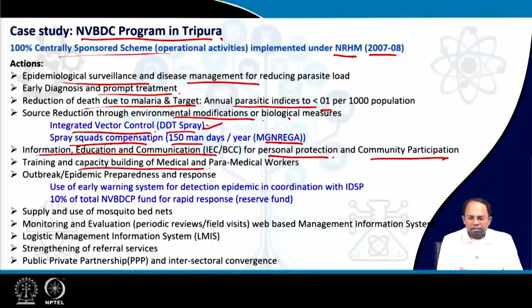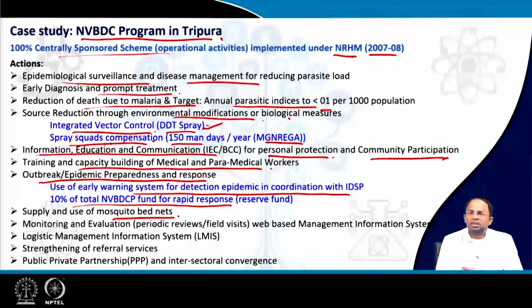Training and capacity building of medical and paramedical workers were carried out, and an outbreak epidemic preparedness and response system was put in place. This warning system for detecting epidemics was coordinated with IDSP programs, and 10% of the total fund was reserved for rapid response, which helped during emergencies.